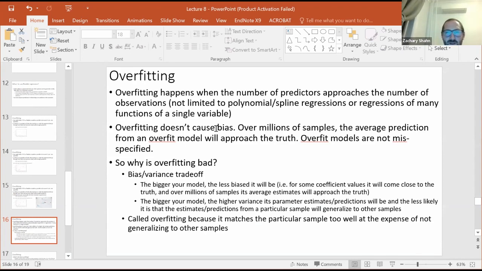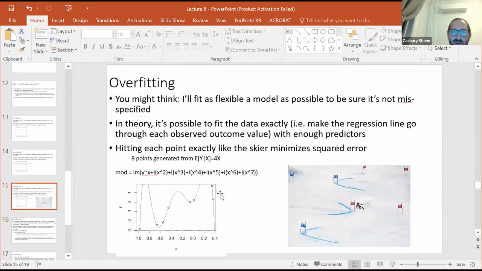Now, something to note is that it doesn't cause bias, where bias technically means here that over millions of samples of the data from the same population, the average of prediction from an overfit model will approach the truth. So if you do it a million times and you take the average, let's just look at this example here. A million times you get crazy squiggles.